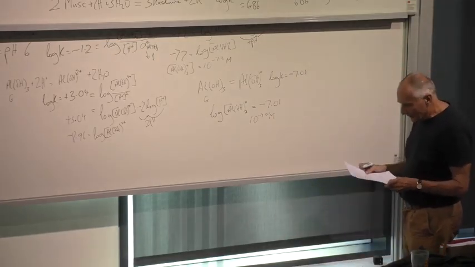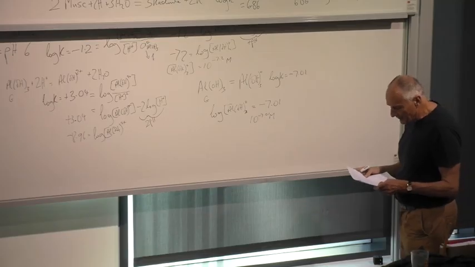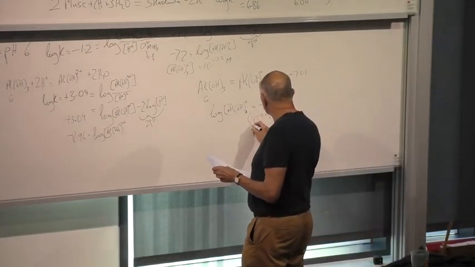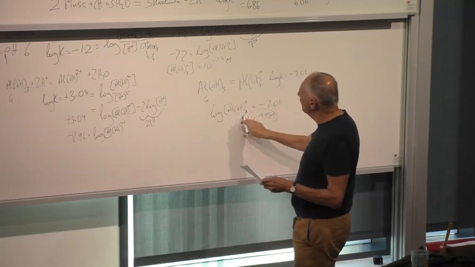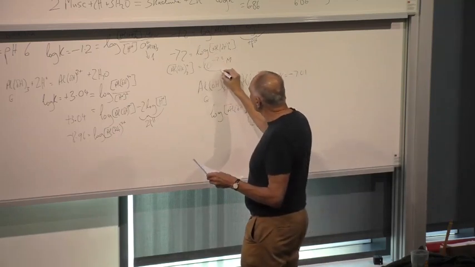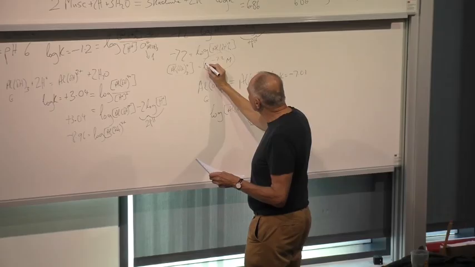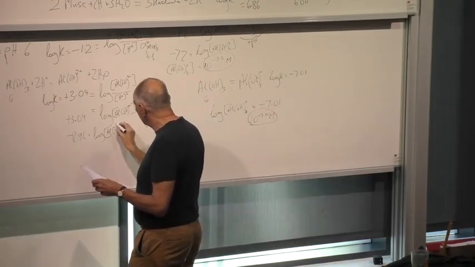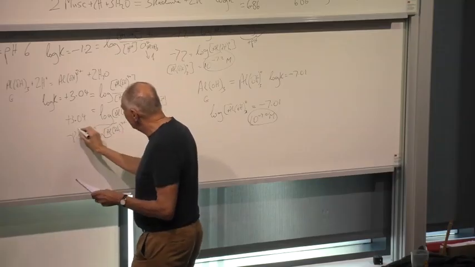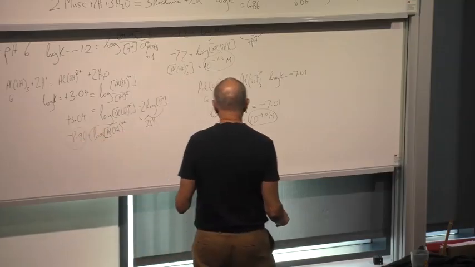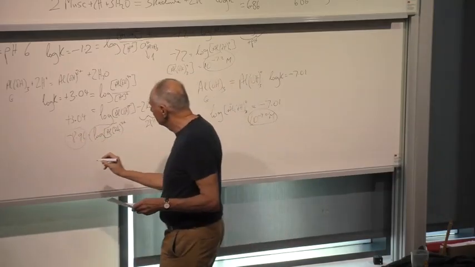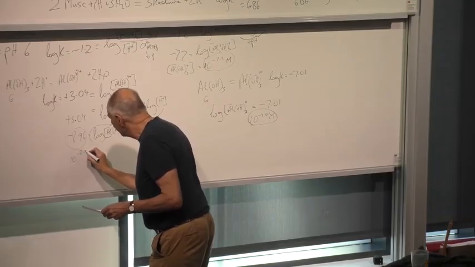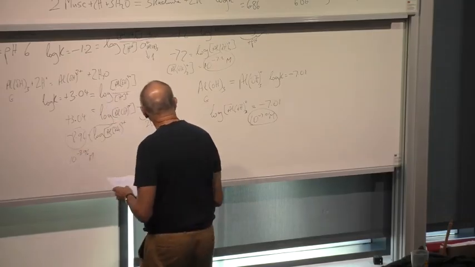Maybe we should do aluminium 3 plus just for completeness. So we have that for the AlOH3. We have that for AlOH2 1 plus. And we have that for AlOH2 plus. Sorry. That. So 10 to the minus 8.96 molar.